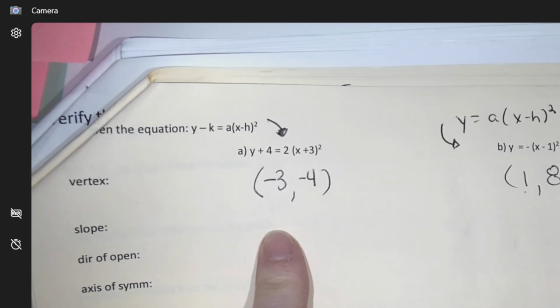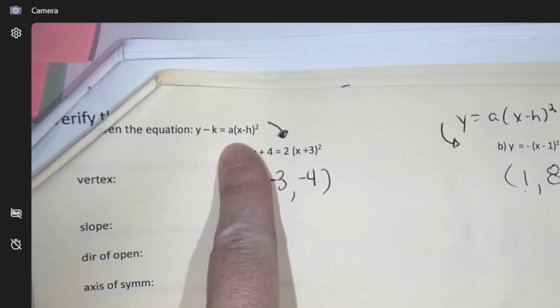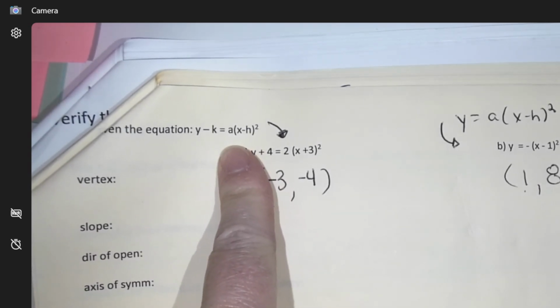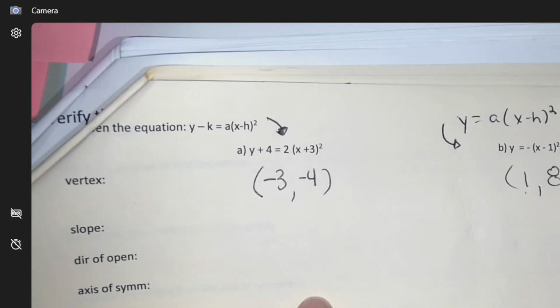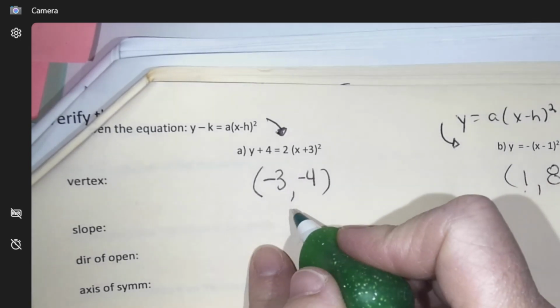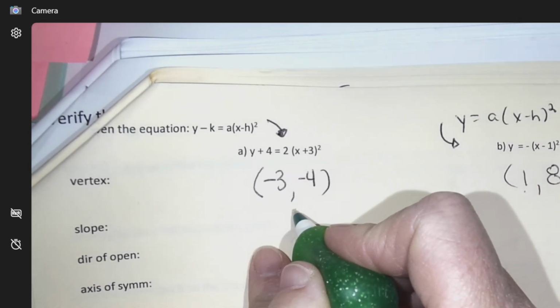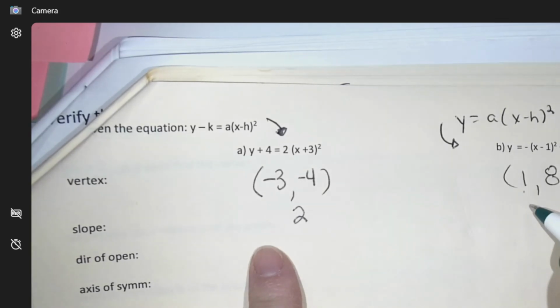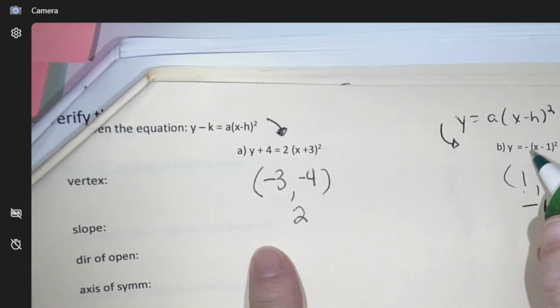Okay, go ahead. Slope, slope. Get me the slope values. So the slope value is the A. In other words, it's the multiplier. How many x squareds would you get in this? So this one has 2, and this one has a -1.